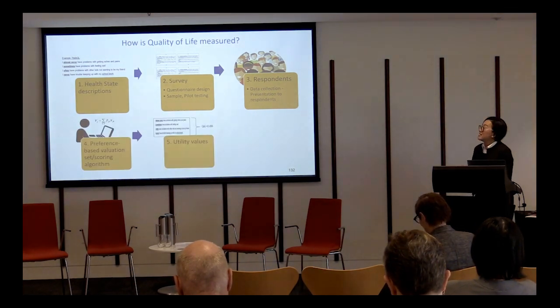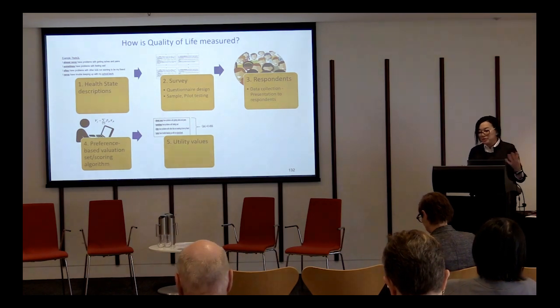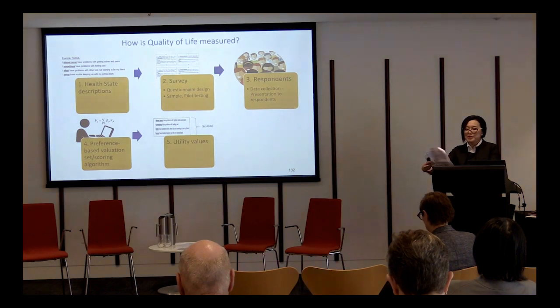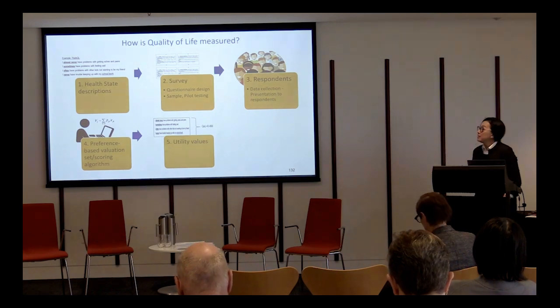Once we get the data, we generate a preference-based valuation set through statistical analysis, and have a scoring algorithm to provide utility values for the health states described by the PET score. So that's an overview of how we go about measuring quality of life.